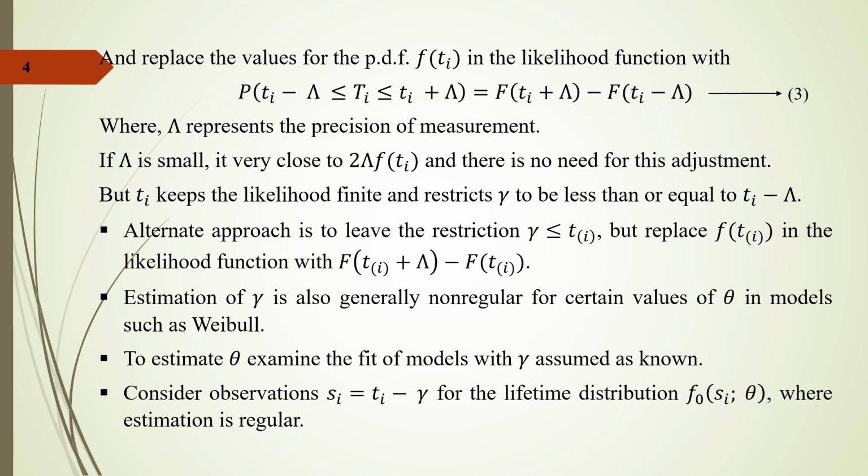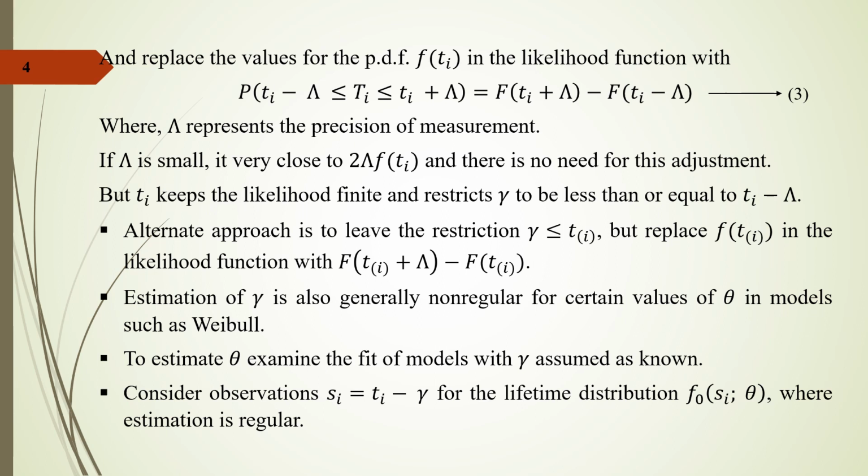Here, capital gamma represents the precision of measurements. If capital gamma is small, it is very close to 2 gamma f of ti and there is no need for this adjustment. But it keeps the likelihood finite and restricts gamma to be less than or equal to t1 minus capital gamma.